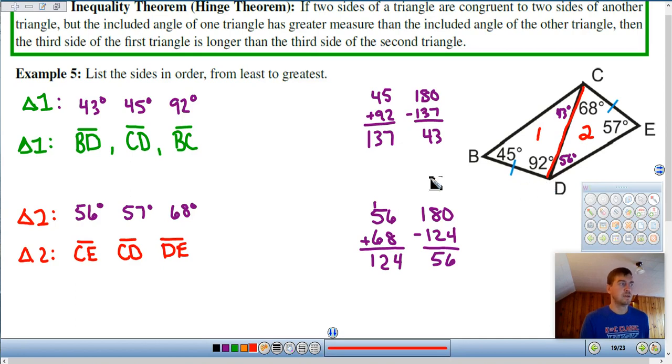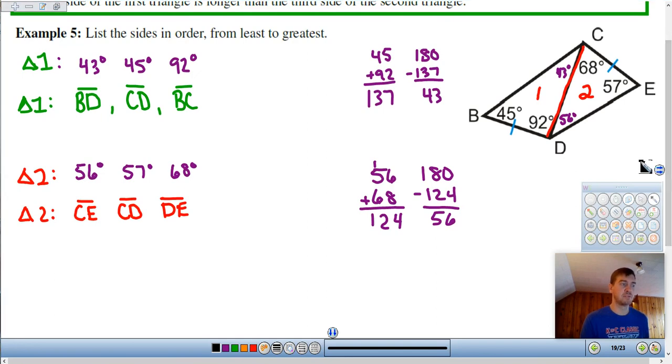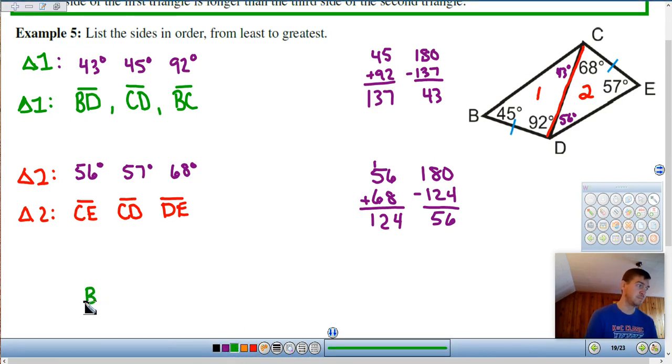So we know that CD in triangle 1 is the same as CD in triangle 2. We actually also have these hash marks here. That tells me that BD and CE are the same length. So we really don't have that many different lengths here. And we do know that those two are the shortest ones. So we're going to write that out first.